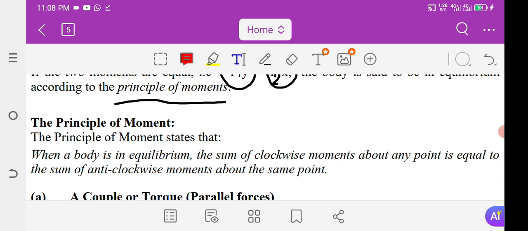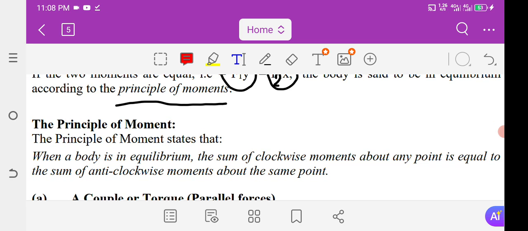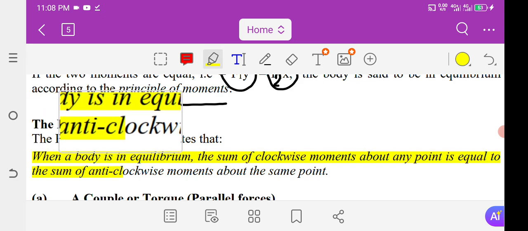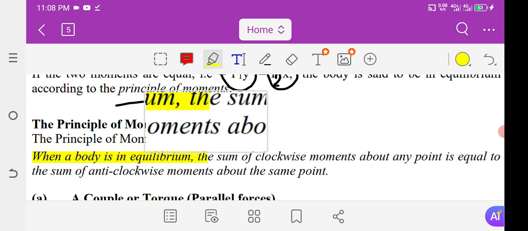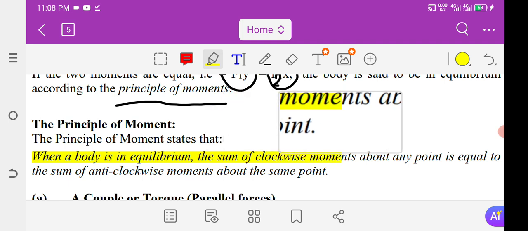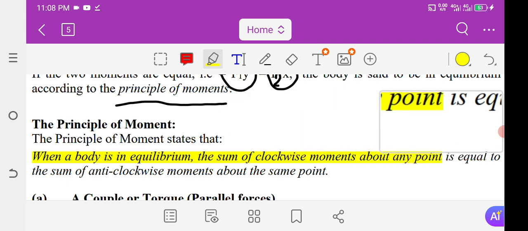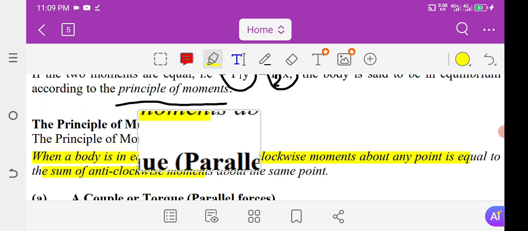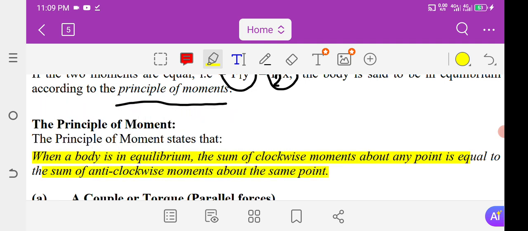The principle of moments states that when a body is in equilibrium, the sum of clockwise moments about any point is equal to the sum of the anti-clockwise moments about the same point. Or if you forget the whole statement, just say that the sum of clockwise moments equals the sum of anti-clockwise moments.